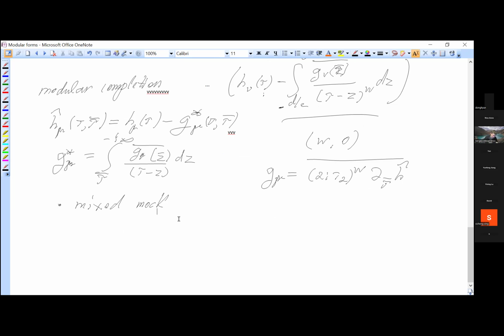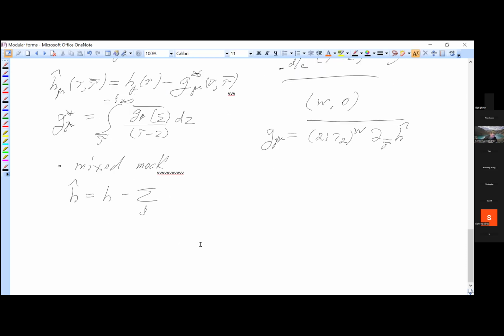So mixed mock, as I told you, you can define mock modular form just by the formula for the completion. So for mixed mock modular forms, the formula for the completion changes. You allow the shadow to be given by a sum of products of holomorphic and anti-holomorphic objects.